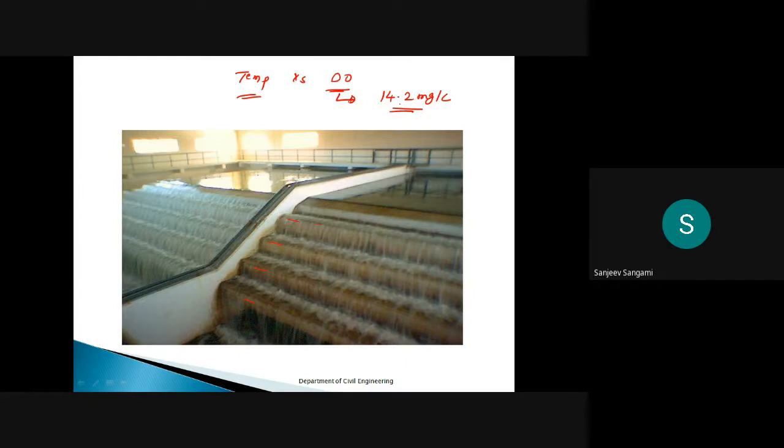So 14.2 milligram per liter is the highest you will get, at 0 degrees centigrade. Temperature and DO are inversely proportional, meaning as temperature increases, the DO will decrease. So 14.2 at 0 degrees centigrade.